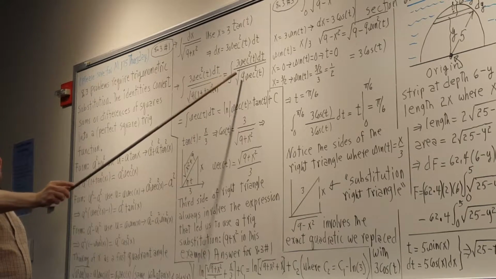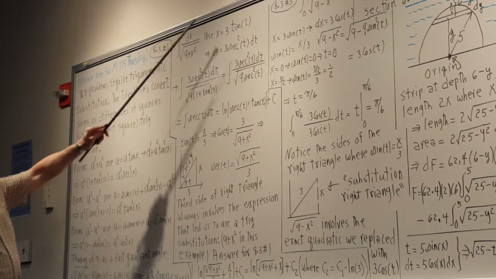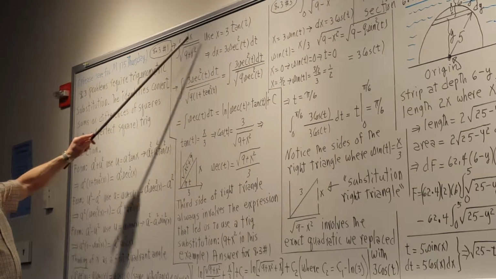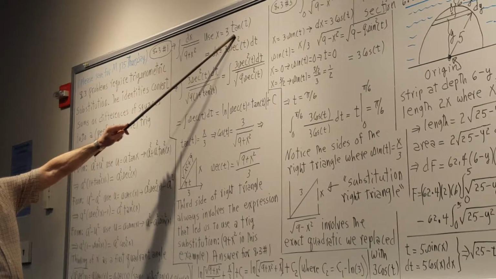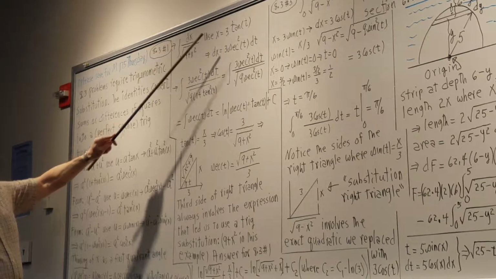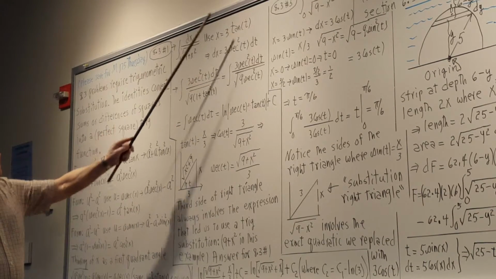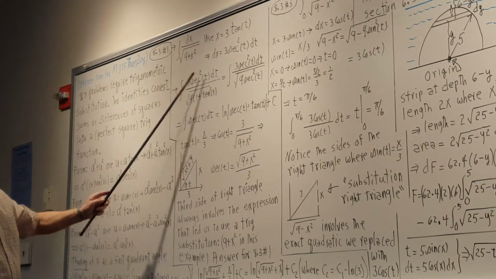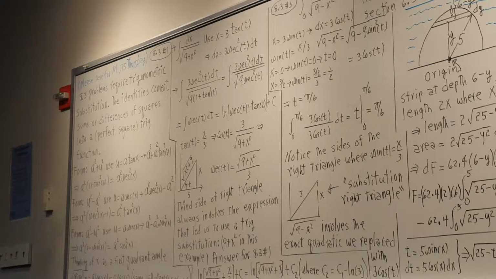So then you have square root of 9 secant square. And on top, you have to replace the dx by what it is for the appropriate trig function. Derivative of the tangent is the secant square. And then your differential changes from dx to this derivative times the differential in the new variable, dt.